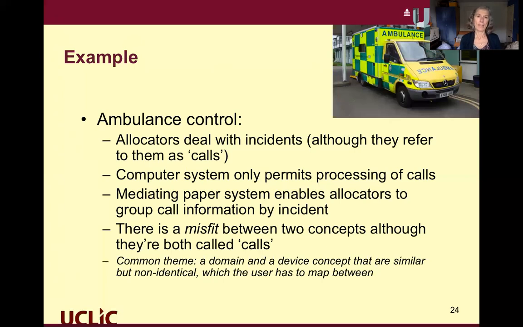So in the control centre, rather than on the vehicle, there are people called allocators. Allocators deal with incidents in the sense that they take information from incoming calls into the control centre and they decide what vehicles to send, how many vehicles to send, whether it's a classic ambulance like the one I've got in the picture here, whether it's a motorcycle first responder ambulance, even in London, we have push bikes that can get to places faster than any other vehicles.